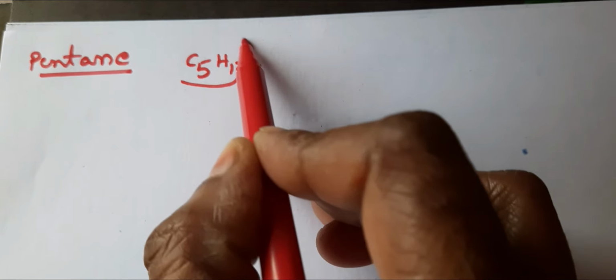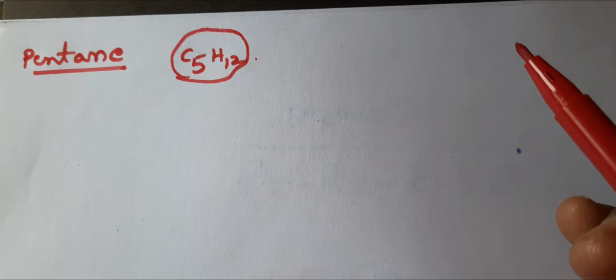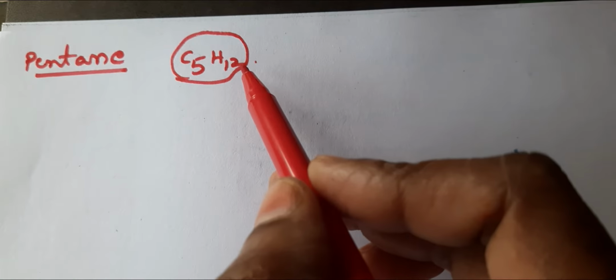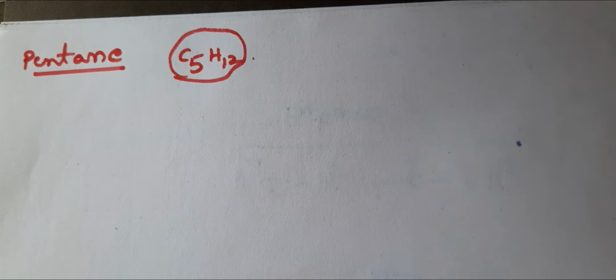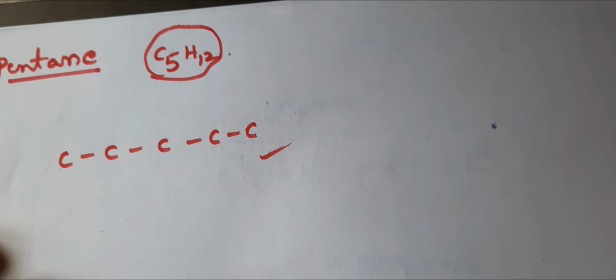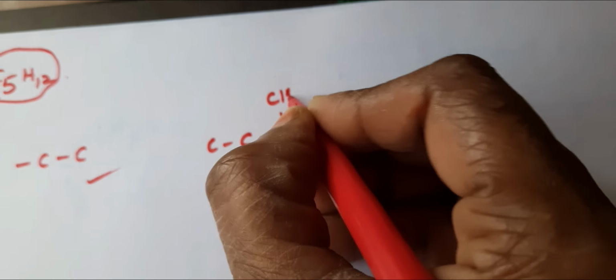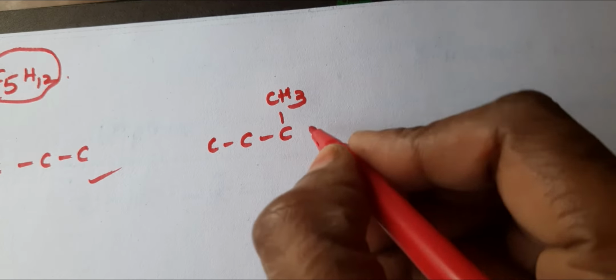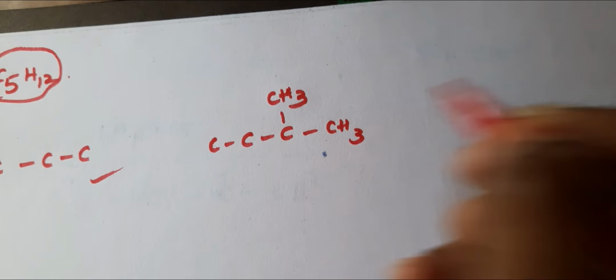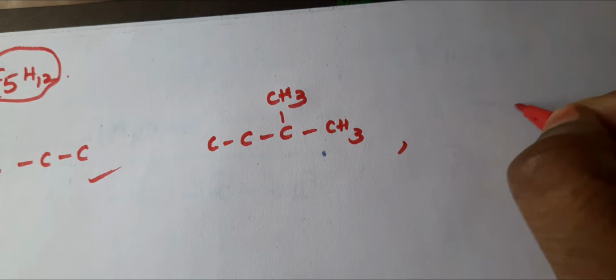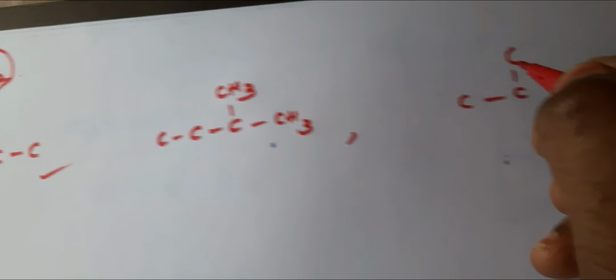The molecular formula of pentane is C5H12. How many chain isomers can we write for this? We can arrange a straight chain of 5 carbons. We can also arrange a branching, keeping a CH3 here, which has one branch, and we can write one with 2 branches.